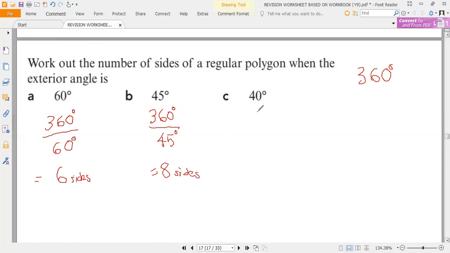Okay, next one is 40. 360 divided by 40 degrees. So we can cut the zeros. Consider 36 divided by 4, it's 9 sides.